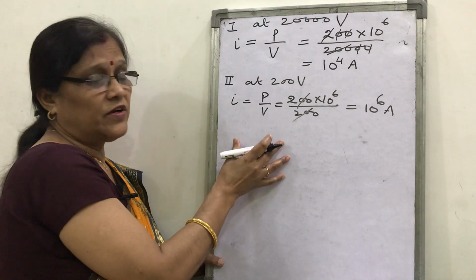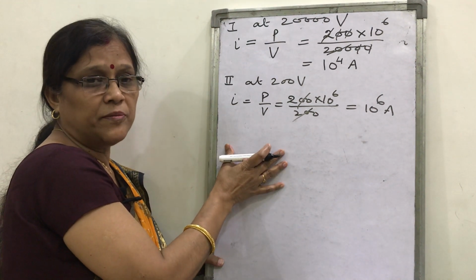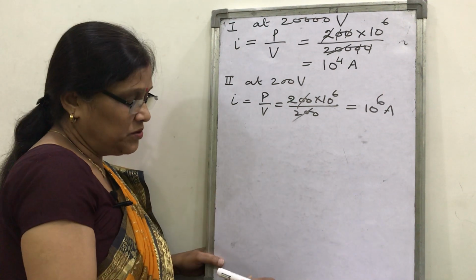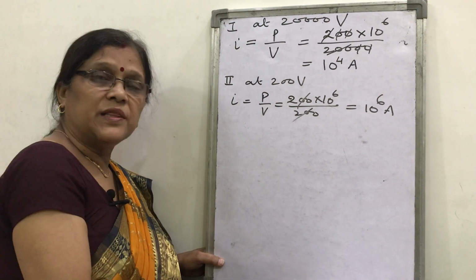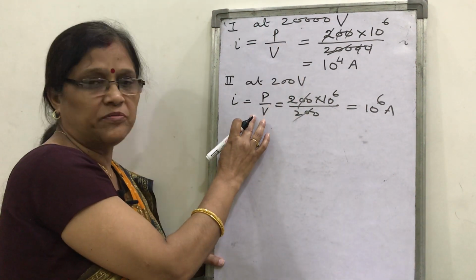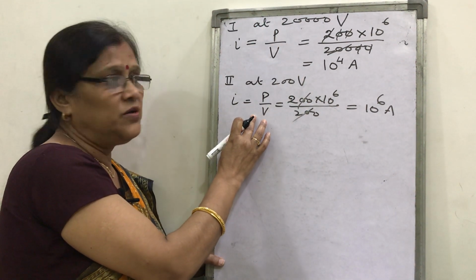Now power wastage should be minimum. So which mode will be better? How will you solve the question, that power wastage should be minimum in this mode or that mode? You have to show it.